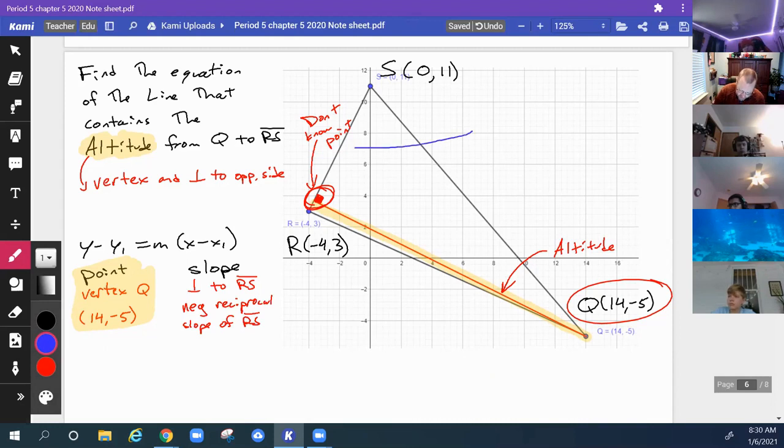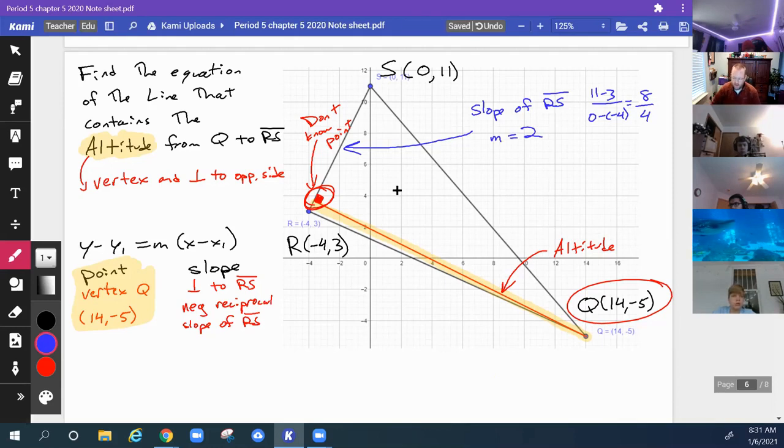So if I take over here, I know that the slope of RS, and I can go through that slope formula, it's going to be 11 minus 3 over 0 minus negative 4. So that is 8 over 4. So that is 2. Okay. So the slope equals 2.